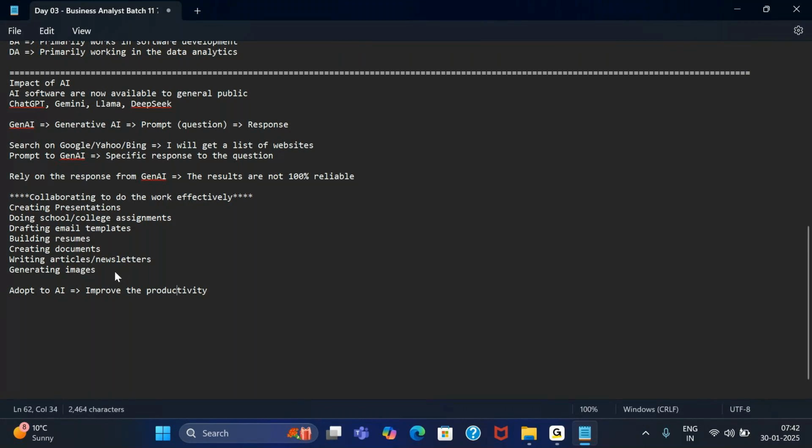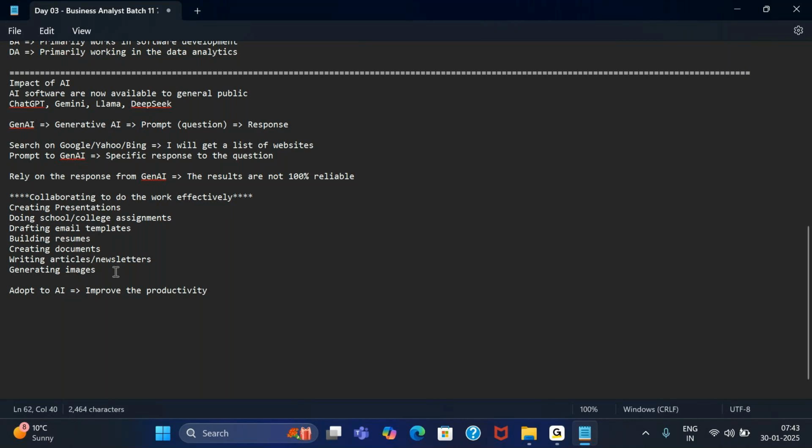Okay, so I'll not deny that AI will take away jobs, but the areas where AI will be primarily targeting are mundane jobs or boring jobs. Okay, jobs which don't require much thought process around it. Okay, so jobs that can be automated or that can be managed by AIs easily and effectively.